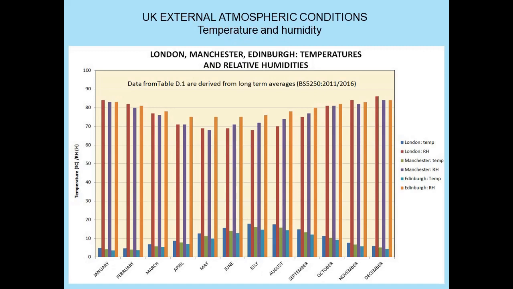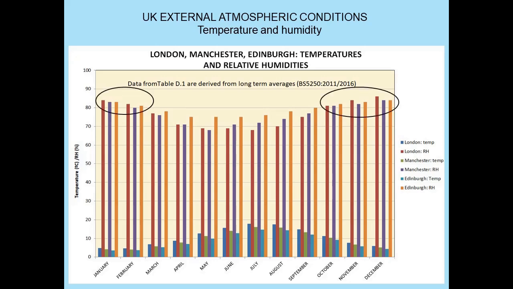This is quite interesting, looking at the external atmospheric conditions, because as we'll see in later modules, the external conditions do make significant changes to the internal conditions. So what have we got here?